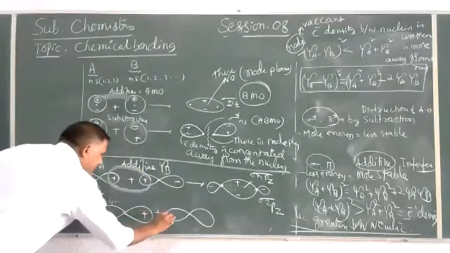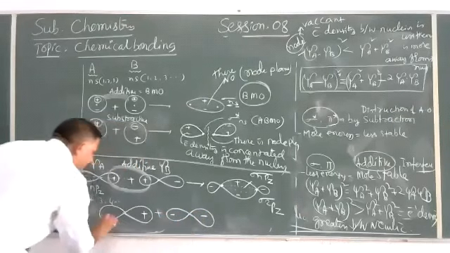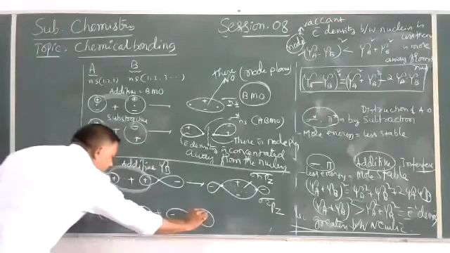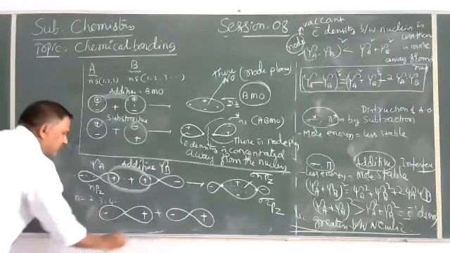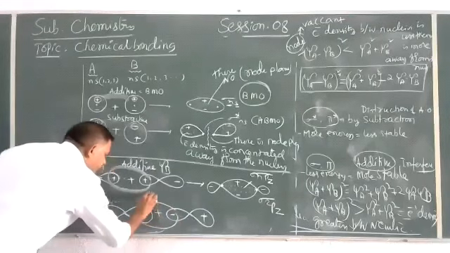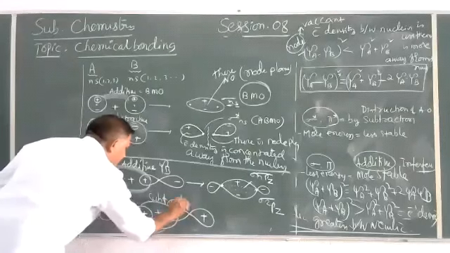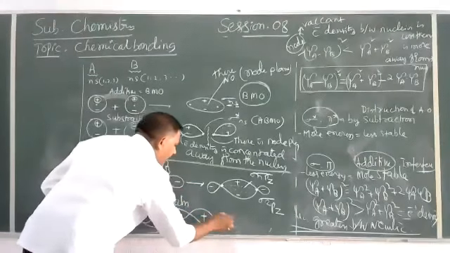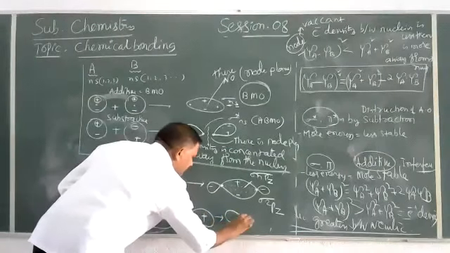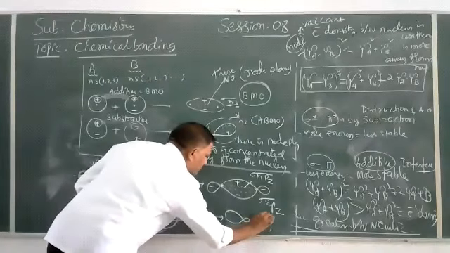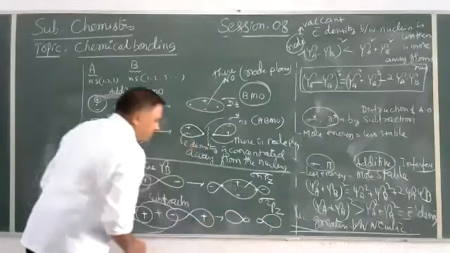Now it is plus and it is minus, here minus and it is plus. These two are combined by subtractive linear combination, then an anti-bonding combination takes place.